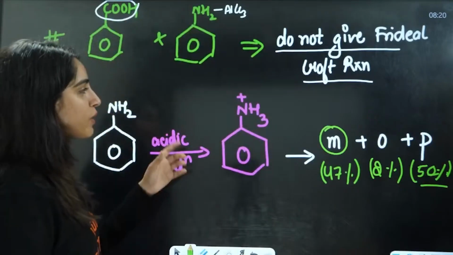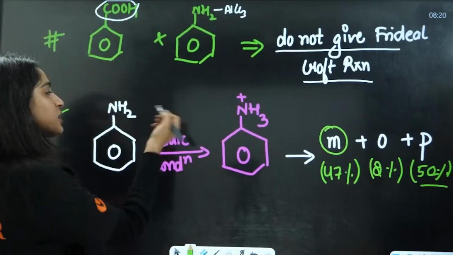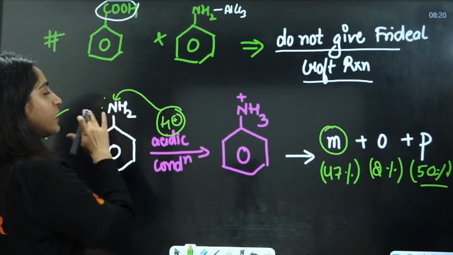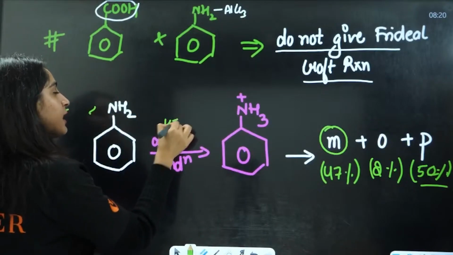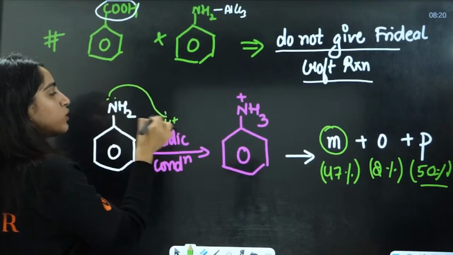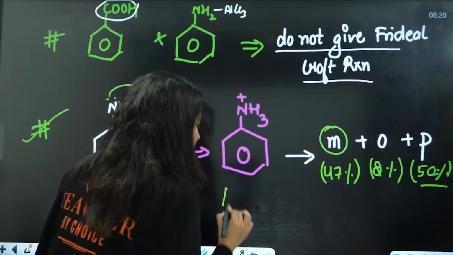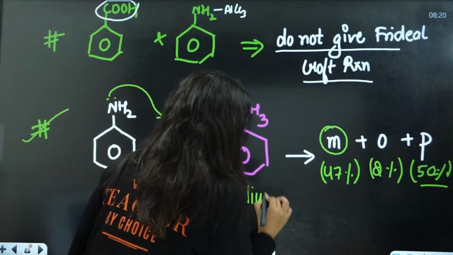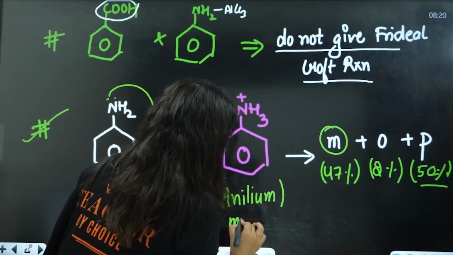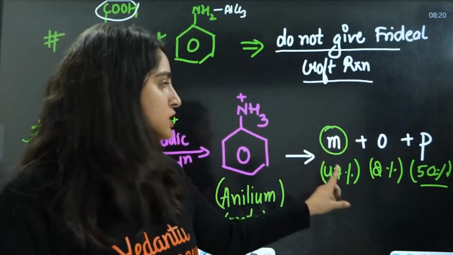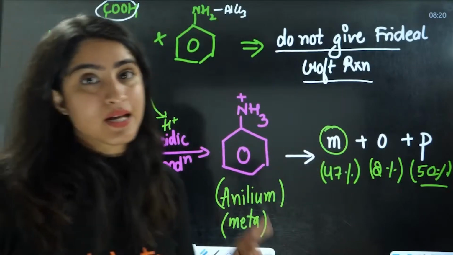In acidic condition, the lone pair on nitrogen takes an H positive and forms the anilinium ion, and this ion is meta-directing. That is why we have 47% meta.